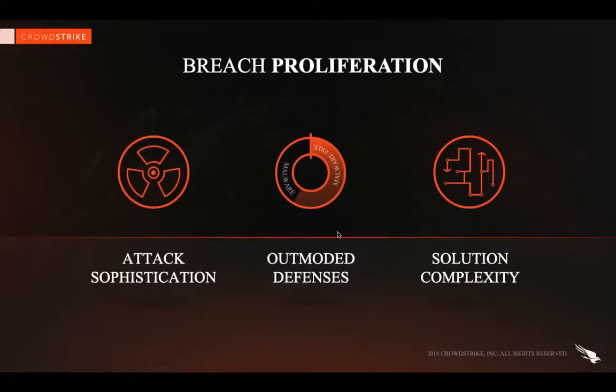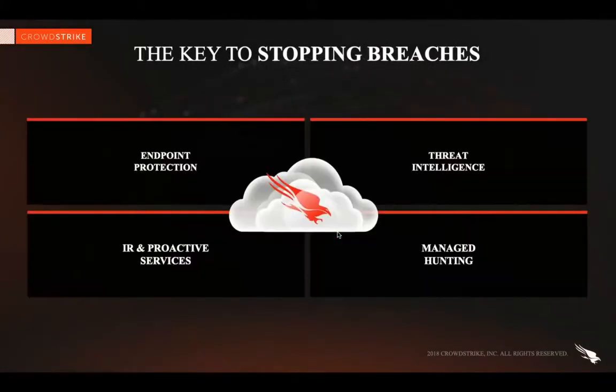So what we need at this time is an idealistic solution which can do all of these things in one single console, which is easy to manage, and which is not really contributing to your local system performance, right? So the main key to stopping breaches is to have the right endpoint protection in place, which would block any sort of attack directed towards your organization, or towards your endpoint, right?